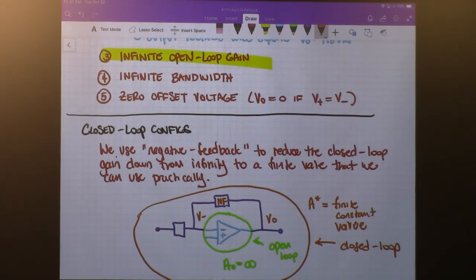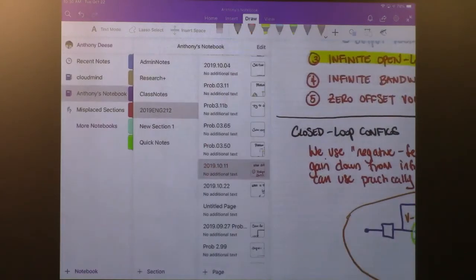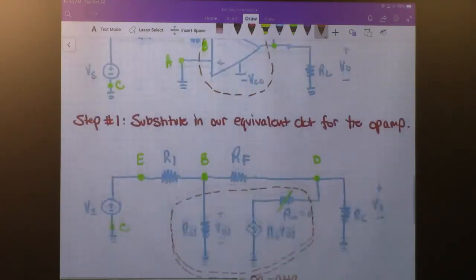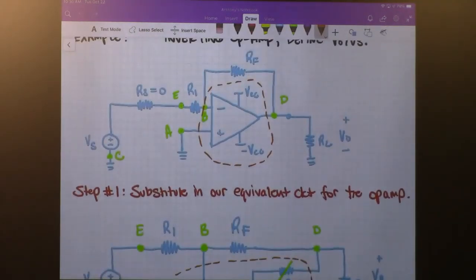All right, so now going back to the example that we're doing. So this is a closed loop configuration. RF is our feedback, our negative feedback resistance.